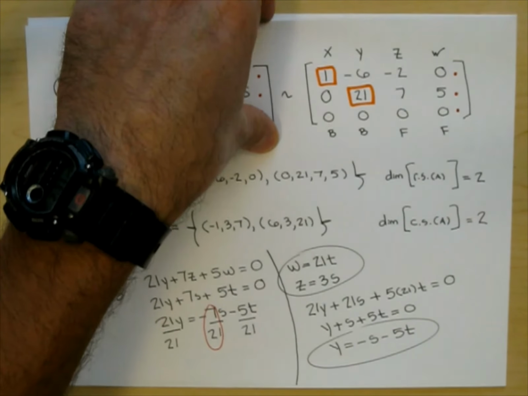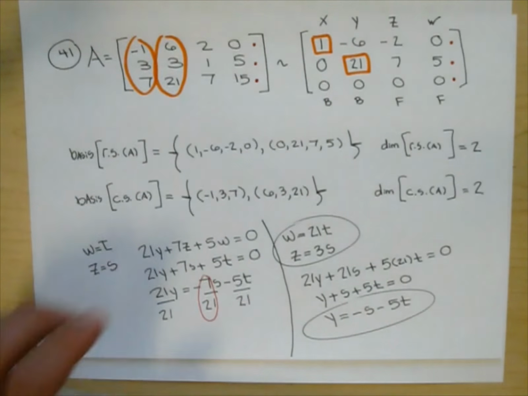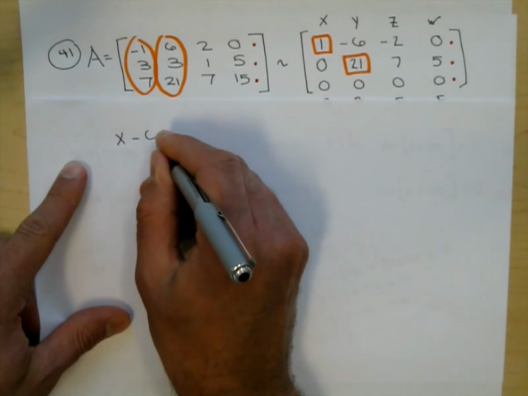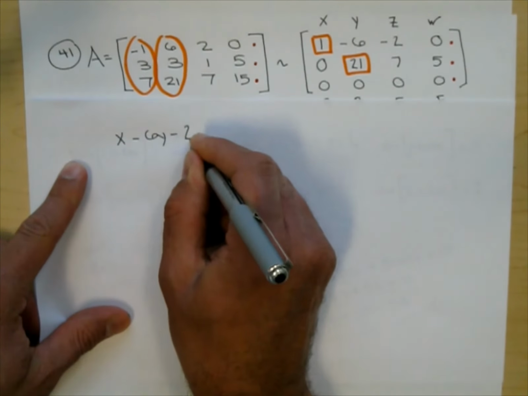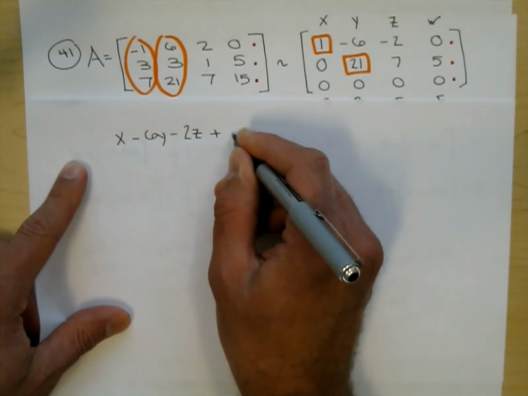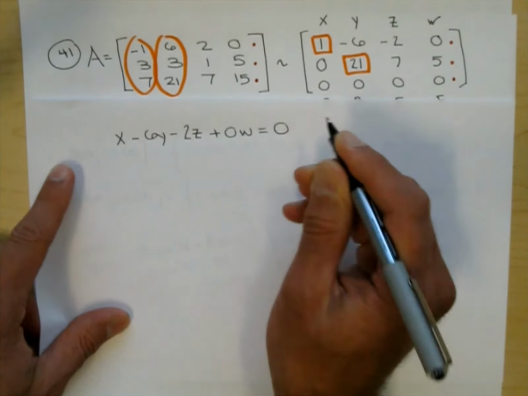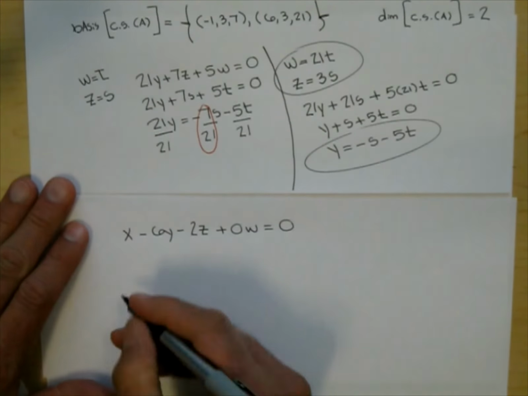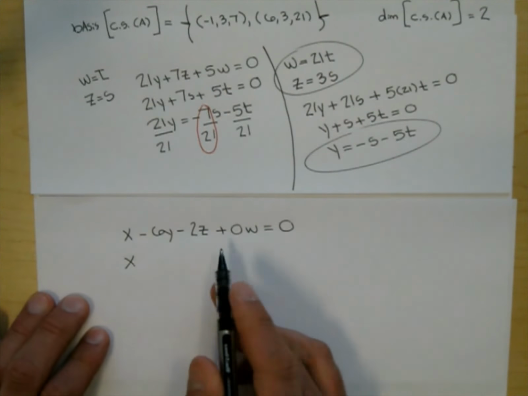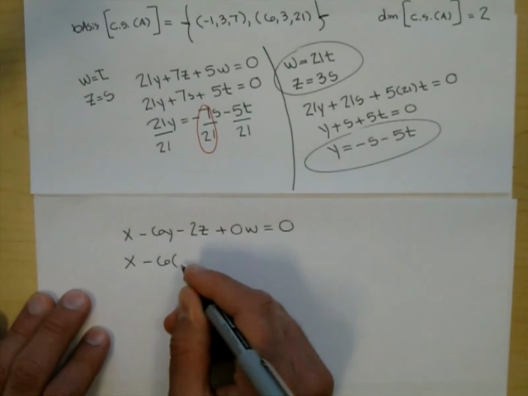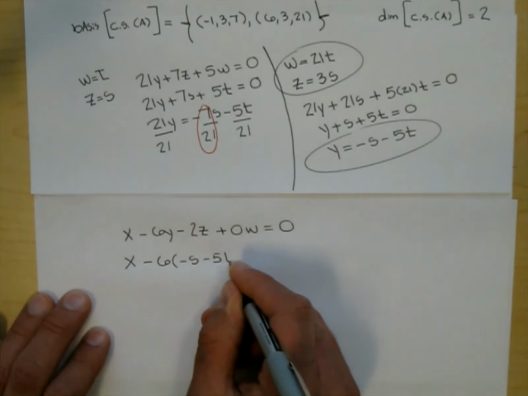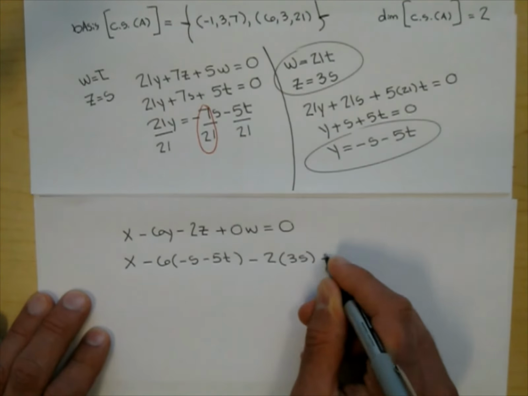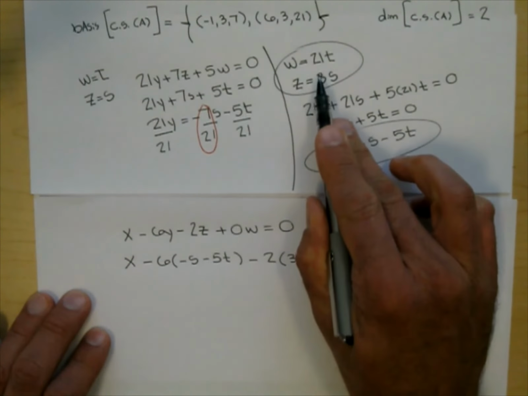I need a little more space on the paper. Oh, before I do that, I better write out this top equation. It says x minus 6y minus 2z plus 0w equals 0. Okay, so going up here, I'm going to say x minus 6y minus 2z plus 0 times w. Good thing, because I didn't want to write that 21 there.